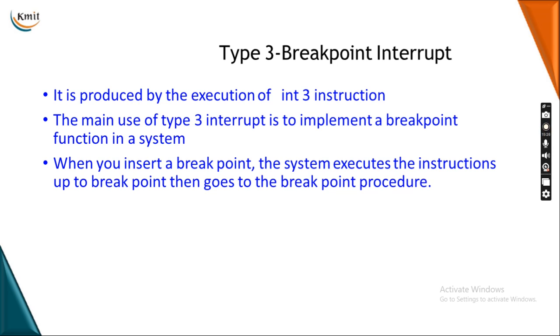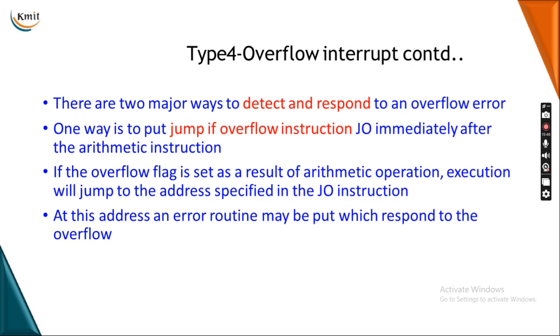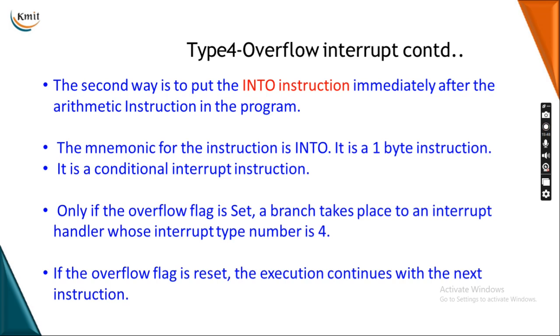It breaks and goes to the end. Type 4, INTO, checks whether the output has been stored in the correct register or not. It is the overflow interrupt, type 4.